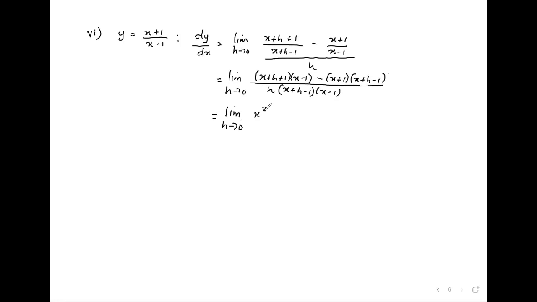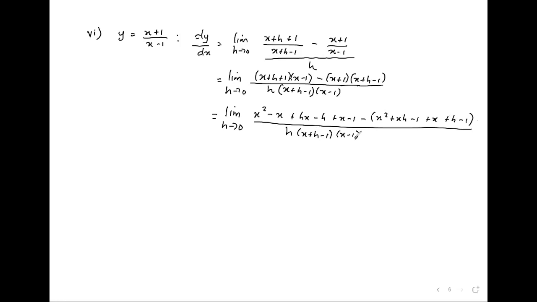So x squared minus x plus hx minus h plus x minus 1 minus x squared plus xh minus 1 plus x plus h minus 1, everything over h, x plus h minus 1, x minus 1.